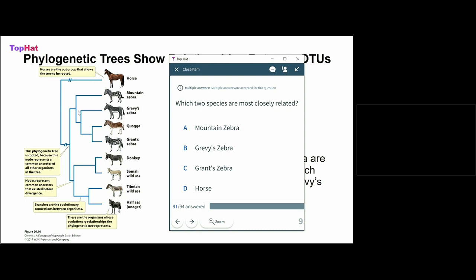So the most closely related are going to be the Grevy zebra and the Grant zebra because they have a common ancestor that is more recent than the common ancestor with the mountain zebra. Does that make sense? Questions about that?